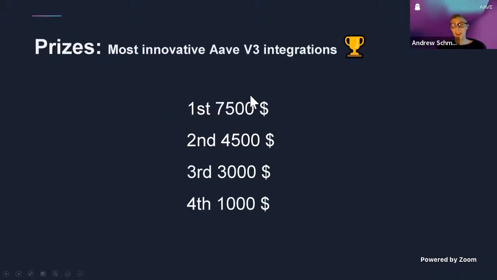So now to the fun part: prizes. The prizes that Aave is currently offering for the Hack Money Hackathon are for Aave v3 integrations. Basically anything that involves interacting with the Aave v3 pool.